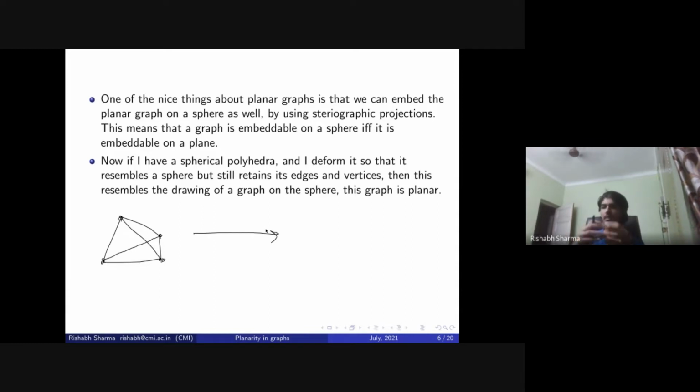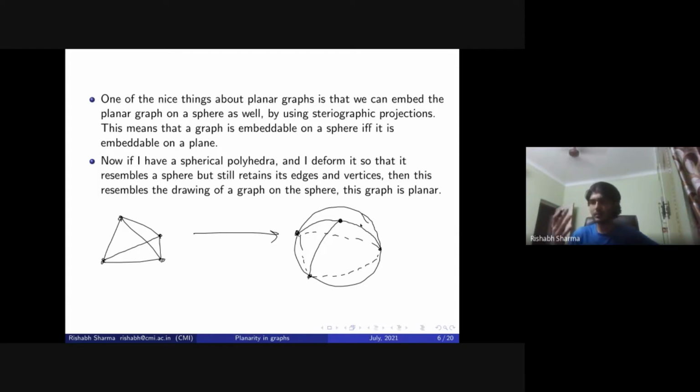So I have a 3D figure, I inflate it till it resembles a sphere. So what I will get is a sphere, but on the sphere there will be markings of the vertices and edges, if you preserve them, and you'll get something like this. I hope everyone agrees. Yes.